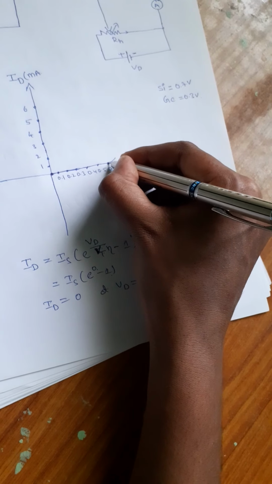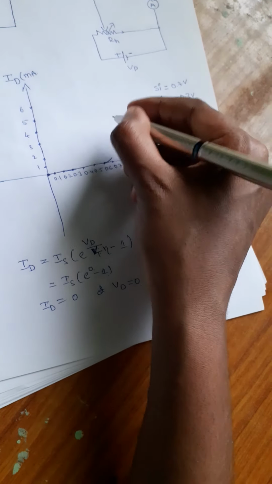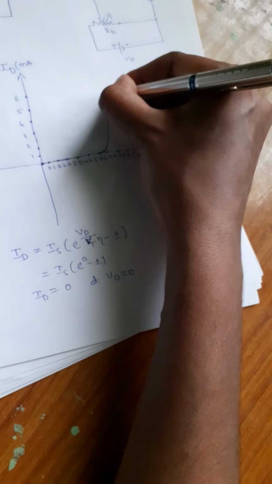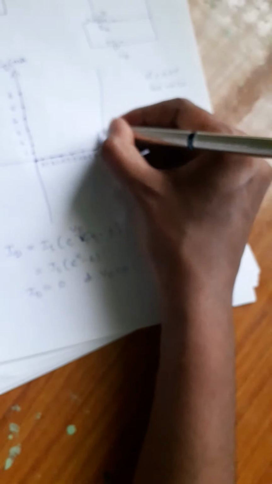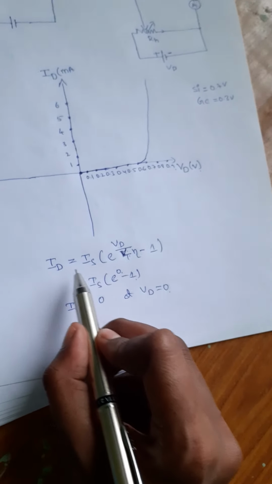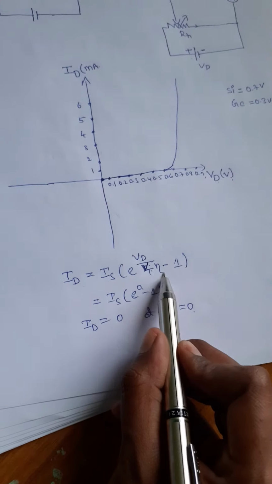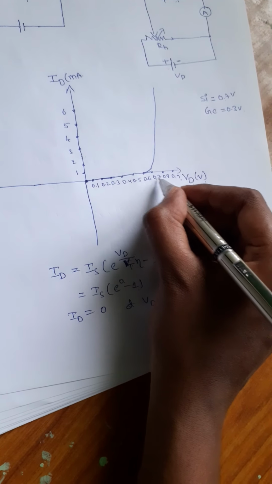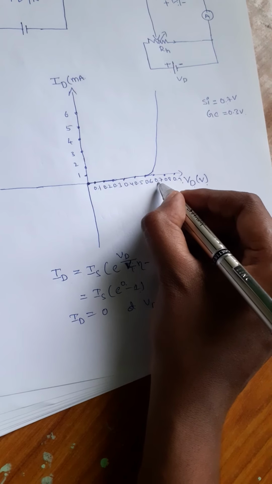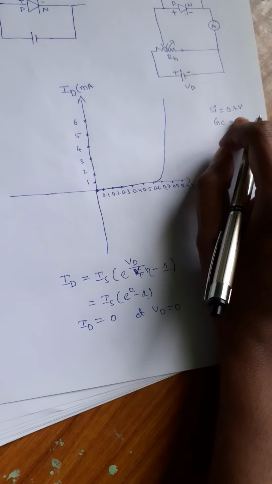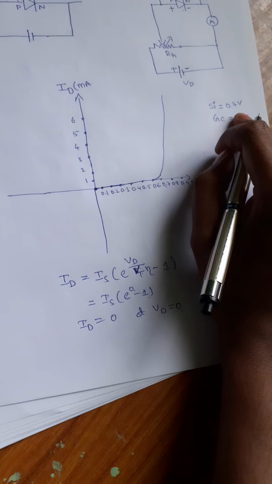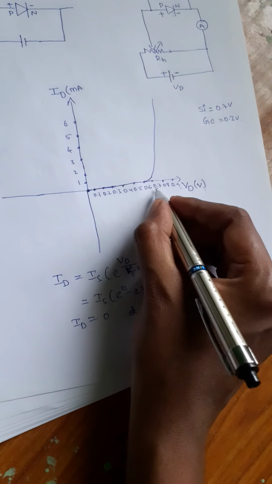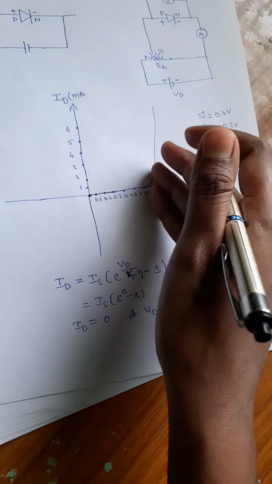At 0.7 we have a sudden rise in the current. This is an exponential curve because there is an exponential relation between the current and the voltage. There is a sudden increment at 0.7 volts because the barrier potential of silicon is 0.7 volts.